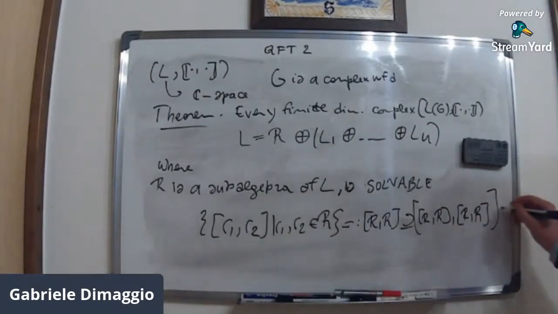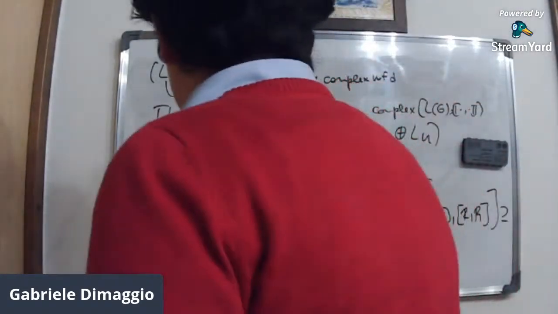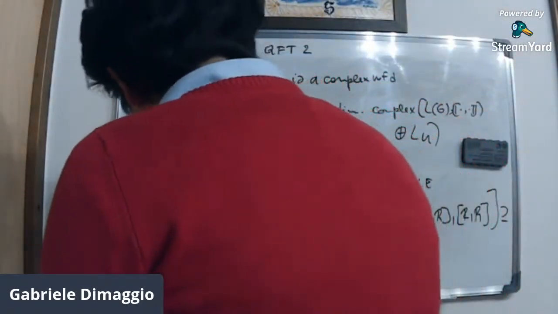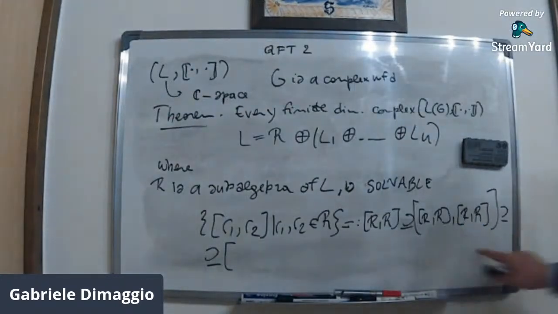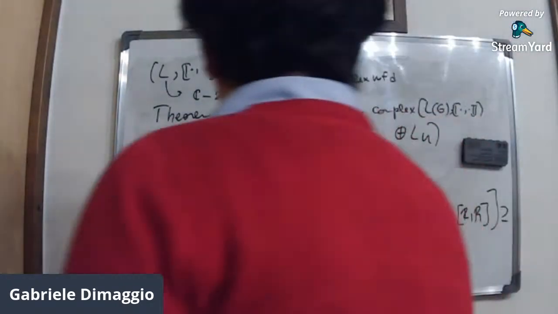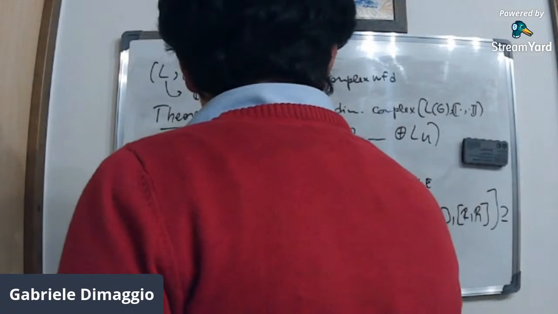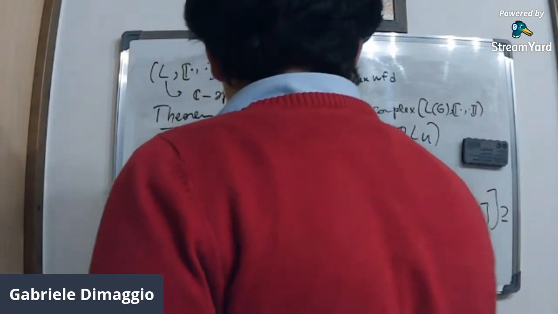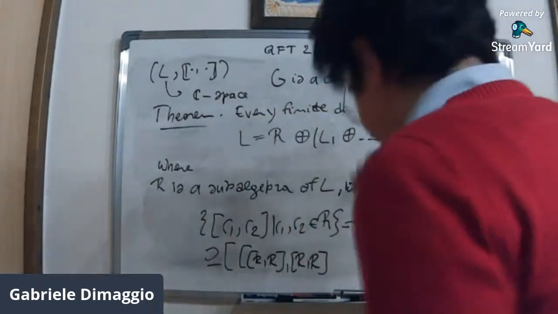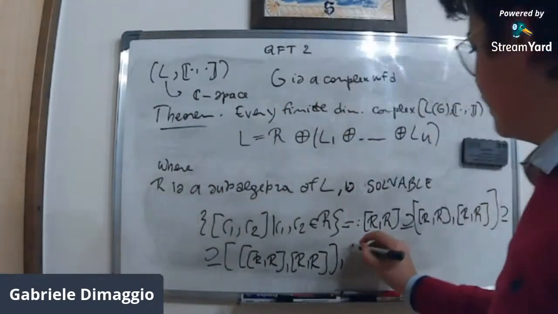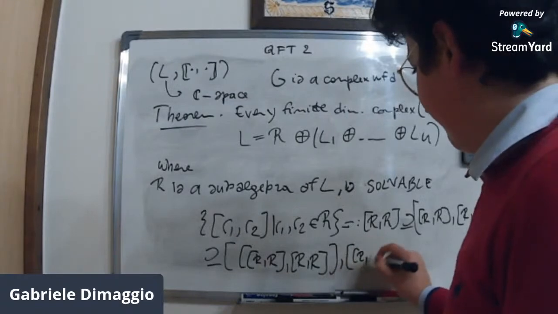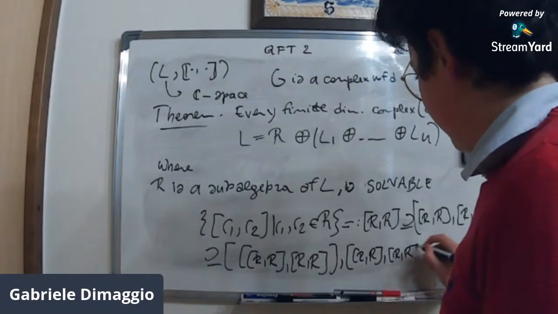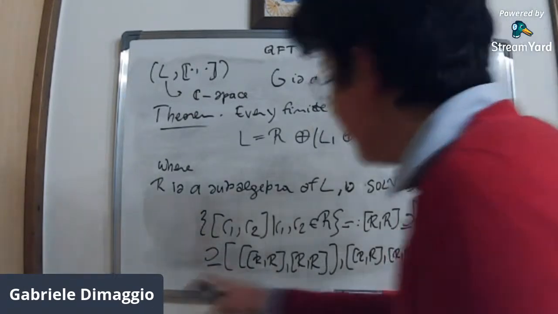This is a subset of the commutator of this with another R, and so on.